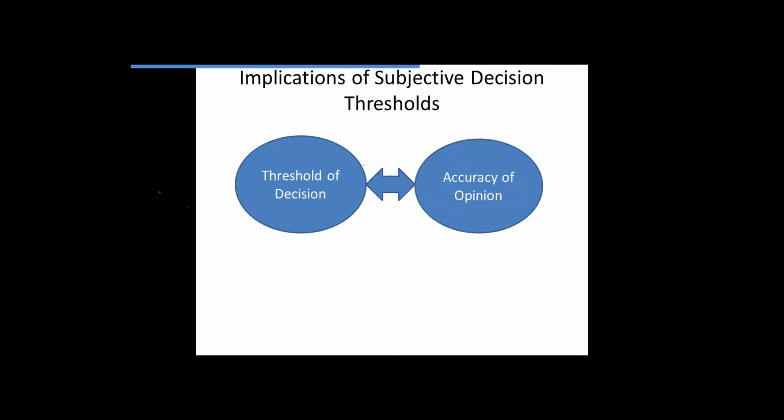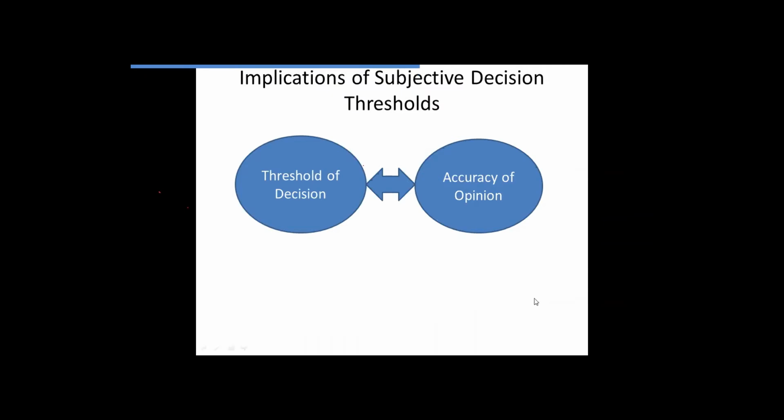The threshold that the expert sets for making this decision is going to have implications for the accuracy of the opinion. An expert who's a real stickler and sets a very high threshold and will only call an identification when it's really, really clear might have a lower false positive rate, perhaps a higher false negative rate, than an expert who's a little more lenient about making those identification decisions.